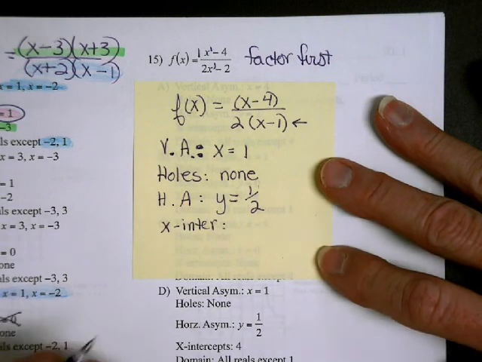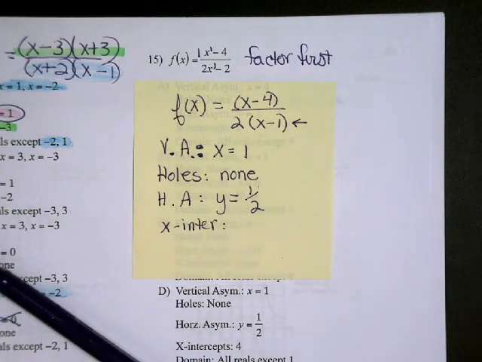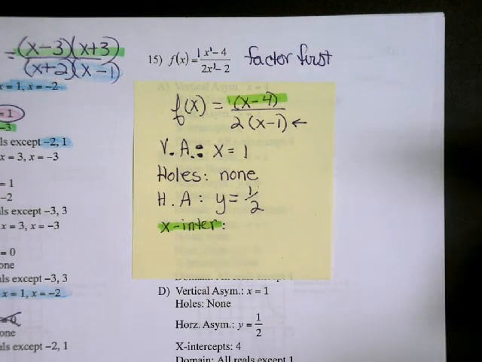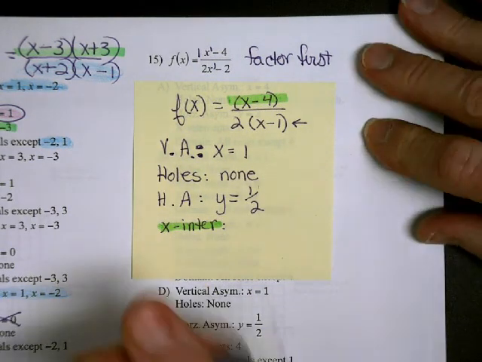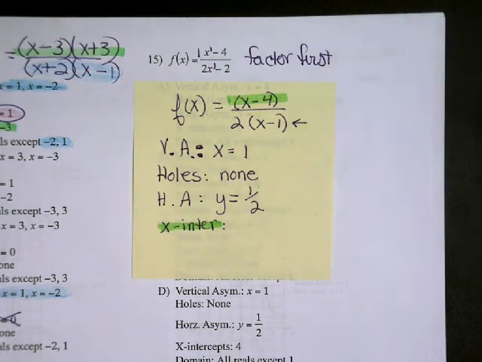Okay, the next thing they ask is the x-intercepts. And they come from the numerator. The x-intercept comes from here. It's what makes the numerator 0. So they just list a value. They don't say x equals or anything. They just list the value.